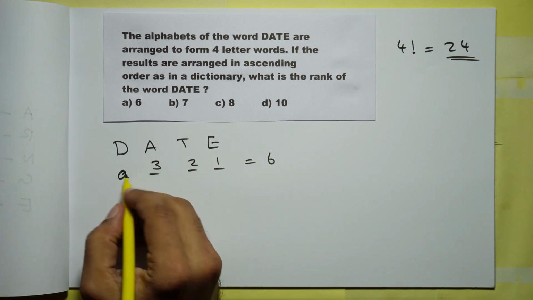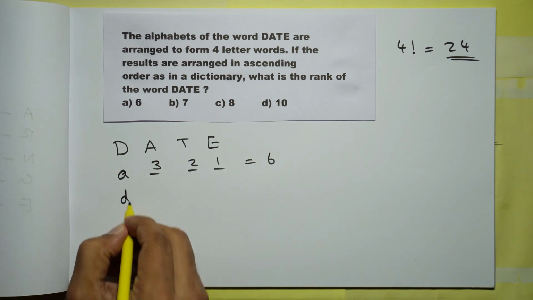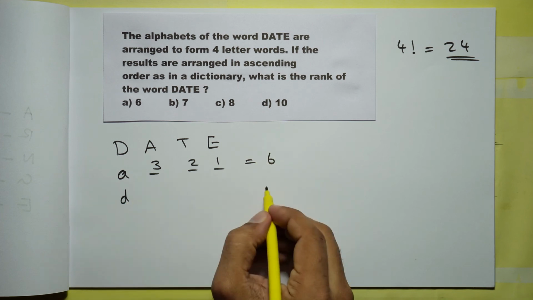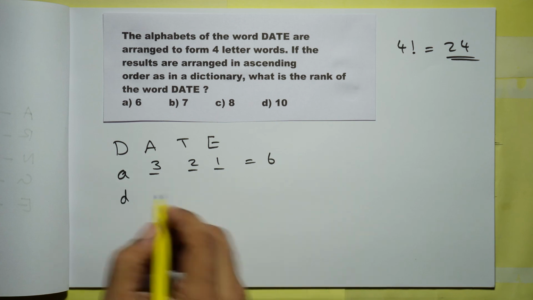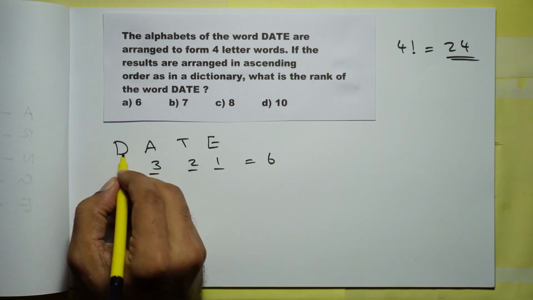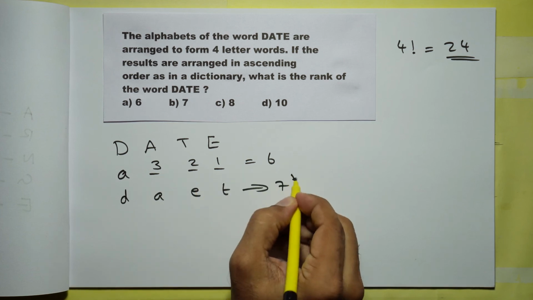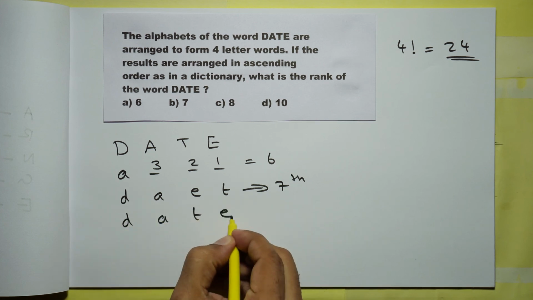After exhausting all the words that start with A, then you have words that start with D. Now 6 words gone, so this will be the next word, that is the 7th word. So we'll just complete the 7th word. The first word that starts with D will be DAET. Now this will be the 7th word, and the next word will be DATE.